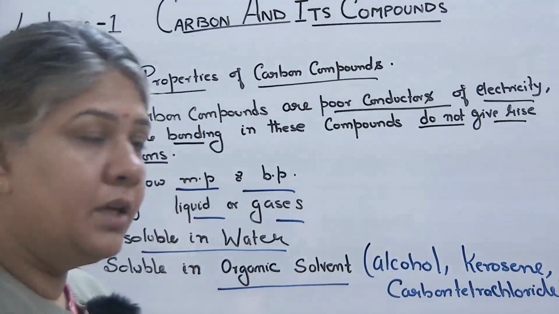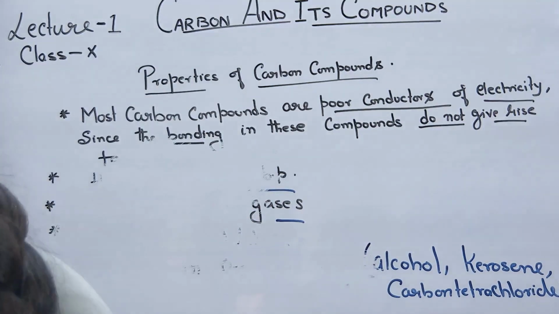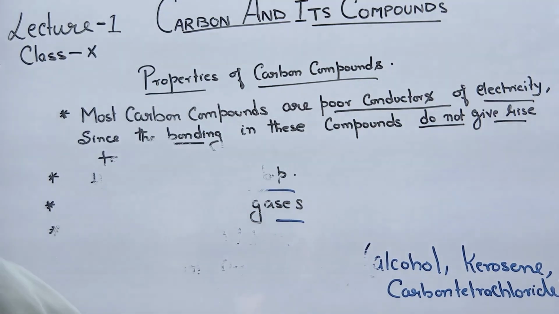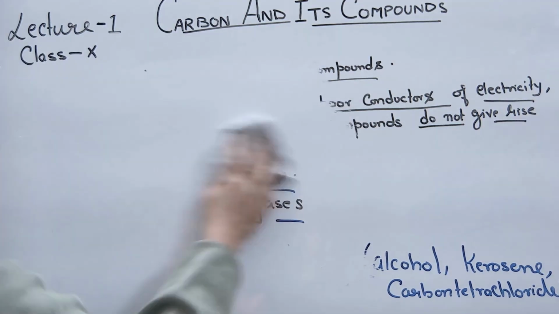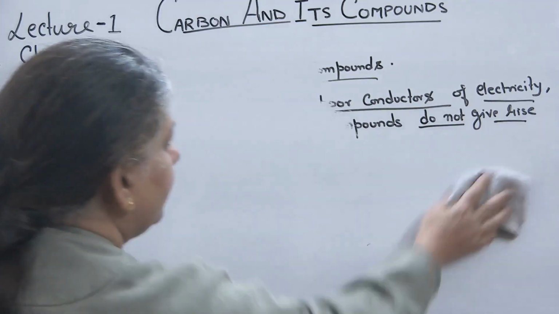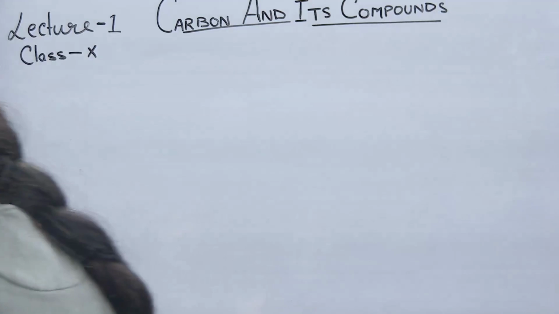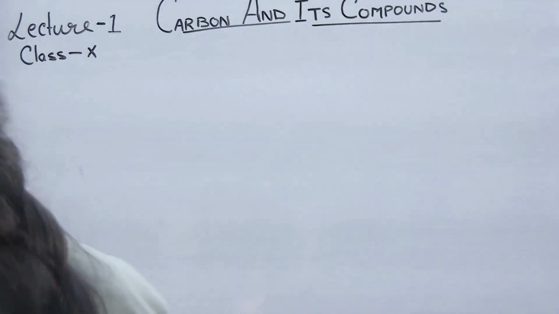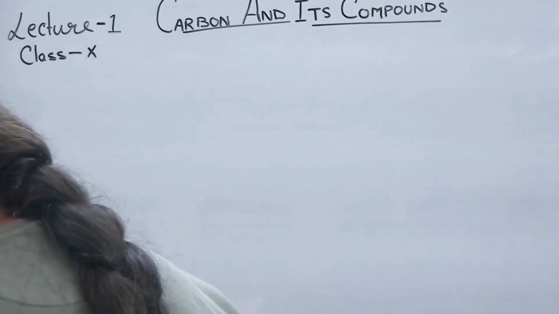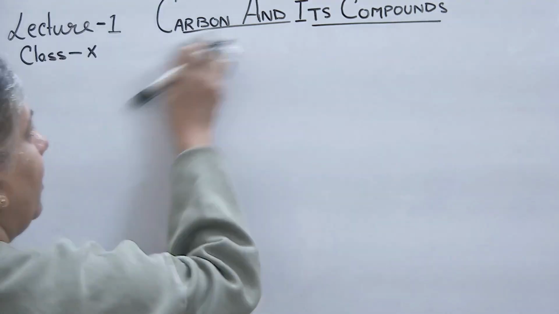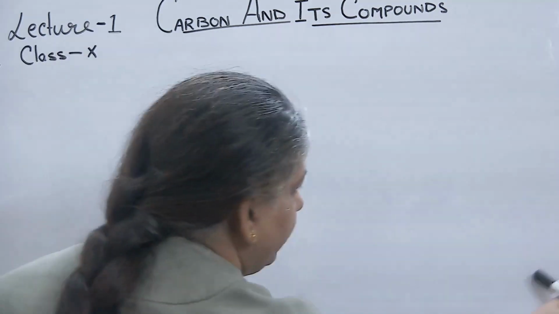Now we'll see what is the atomic number and what is the electronic distribution of the carbon element. The atomic number of carbon is 6. So by now you must be knowing how to write down the electronic configuration, which was part of the class 9 syllabus.